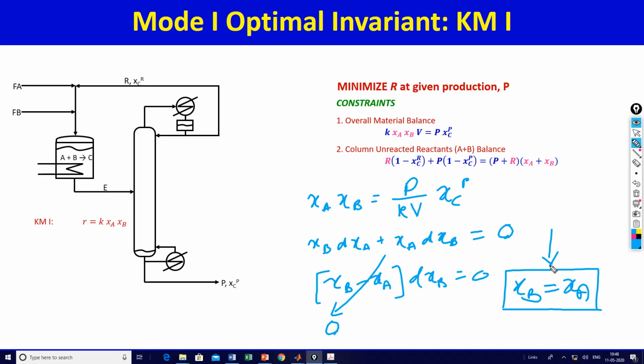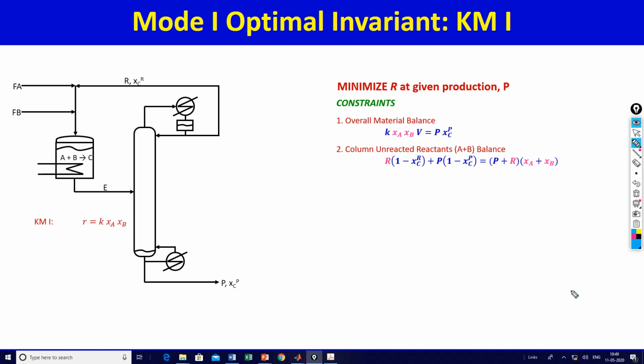Okay, that's the hope. So to minimize recycle rate, XB equal to XA, or holding A and B in the same proportion in the reactor, is an optimal operating policy.